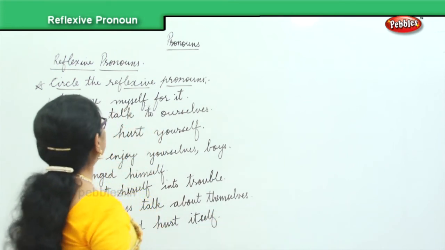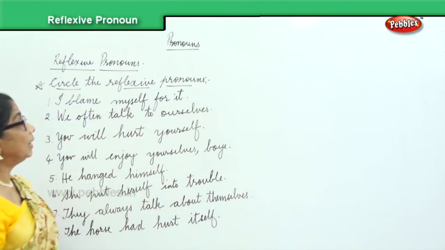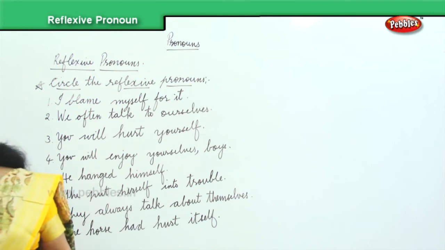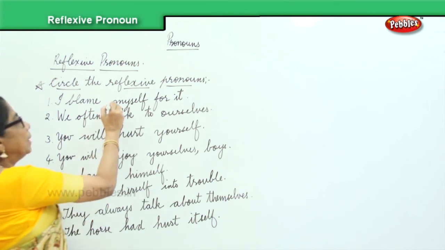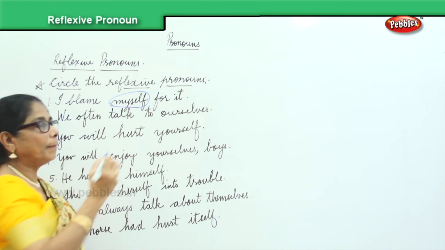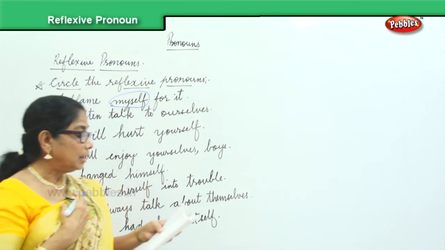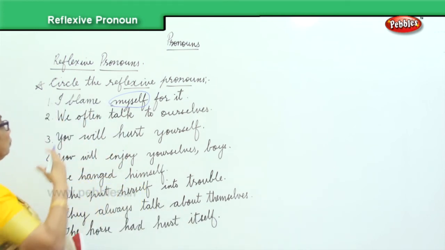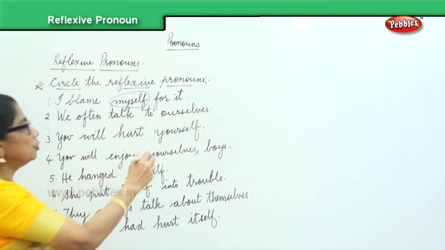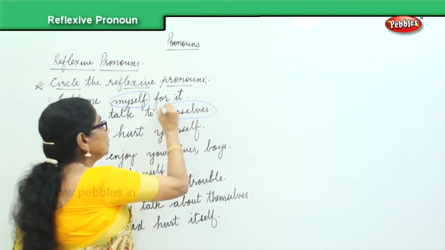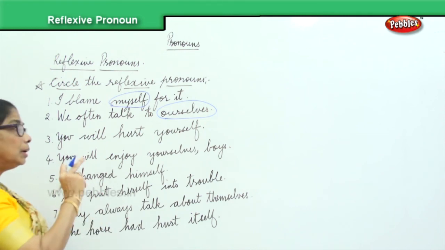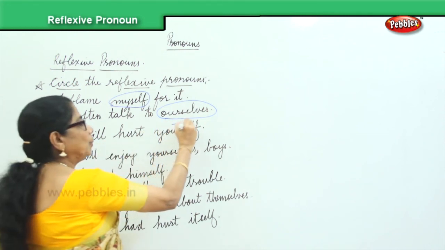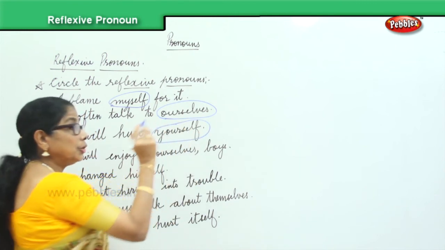So we have here, circle the reflexive pronouns. In the sentence, we're going to circle the reflexive pronoun. I blame myself. So myself is the reflexive pronoun. We often talk to ourselves. Ourselves is the reflexive pronoun. Mama will send you to play and she'll say, you will hurt yourself.